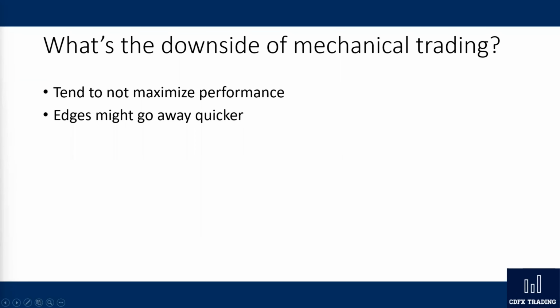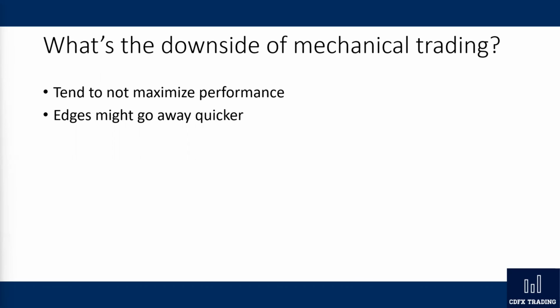Another thing is edges might go away quicker because it's programmable. It's easy to pick up for other people. If you trade fully discretionary, it's very, very hard to find someone's edge, and usually the guy that trades is the edge. But with mechanical trading, it's really the strategy that gives the edge. And these edges tend to go away quicker, and it might scare you, but it's not really a scary thing, because if you continue to learn, backtest and journal every single month, you can keep improving.